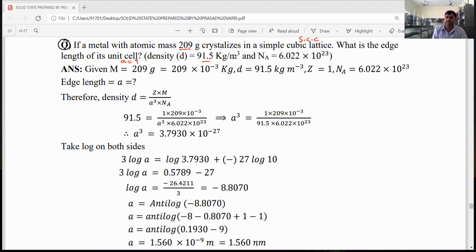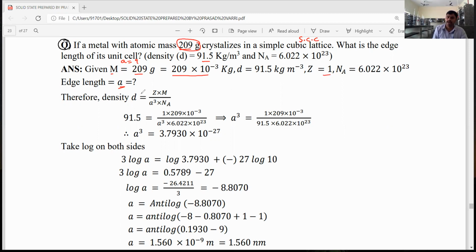The density is in kg per meter cube, and the atomic mass is in grams, which we have to convert into kgs. So M is equal to 209 grams, which is 209 into 10 to the power of minus 3 kgs, density is 91.5 kg per meter cube, Z is equal to 1, and the a value we need to find out.